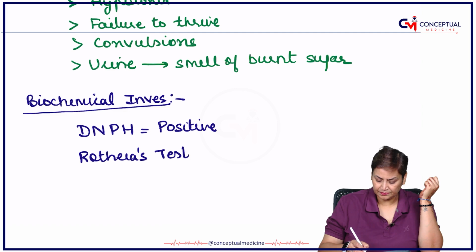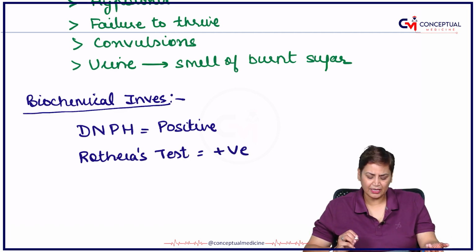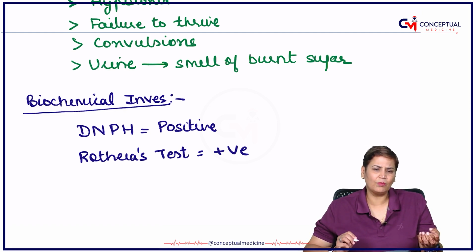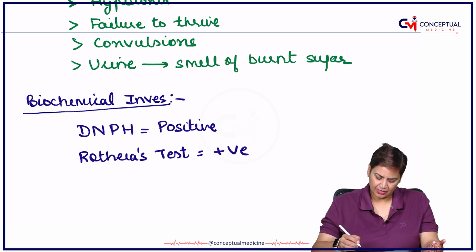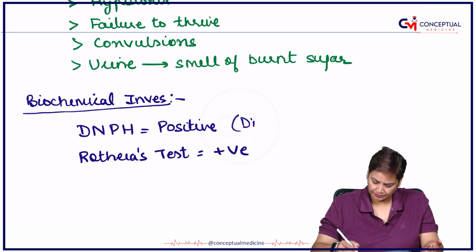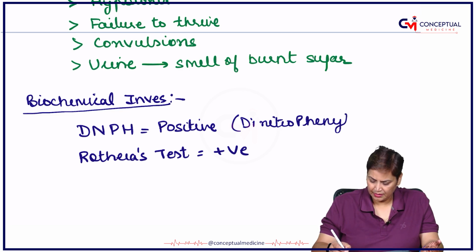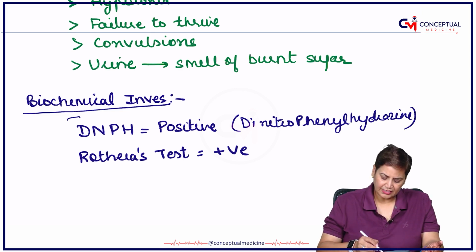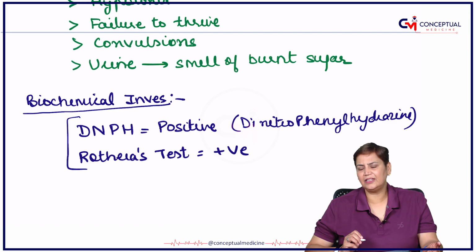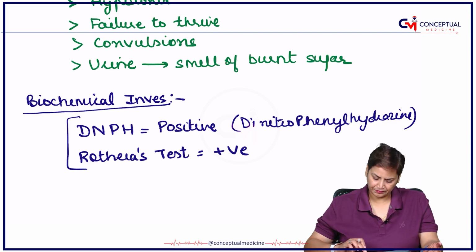Again, the chemistry behind that: phenylhydrazine is there, so it is going to form a violetish bluish type of complex. So the DNPH test and Rothera's test are positive in a child suffering from MSUD.